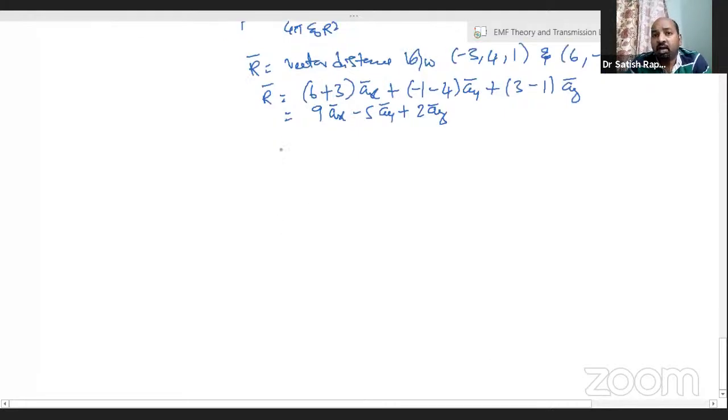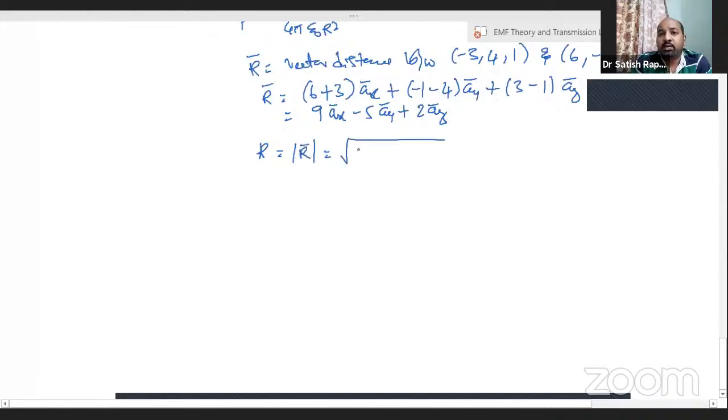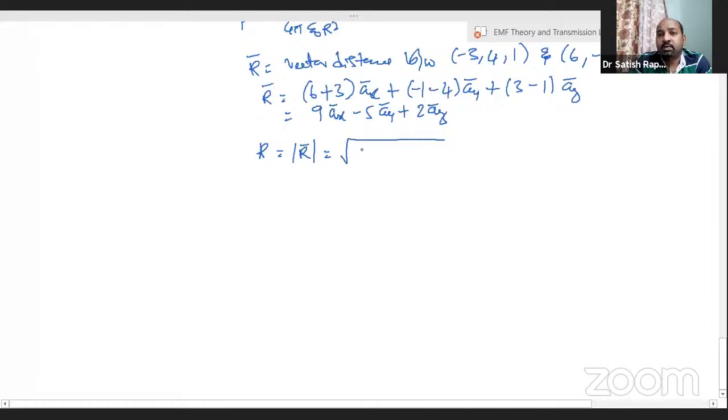And R is the scalar distance, which is equal to mod R bar, which is equal to root over 9 square plus 5 square plus 2 square, which is root over 110.